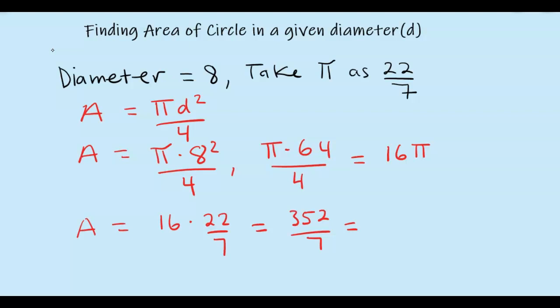So we calculated, and then we got 50.29, and here let's say this was meters, then it's going to be meters squared, and we left our answer in 2 decimal places.